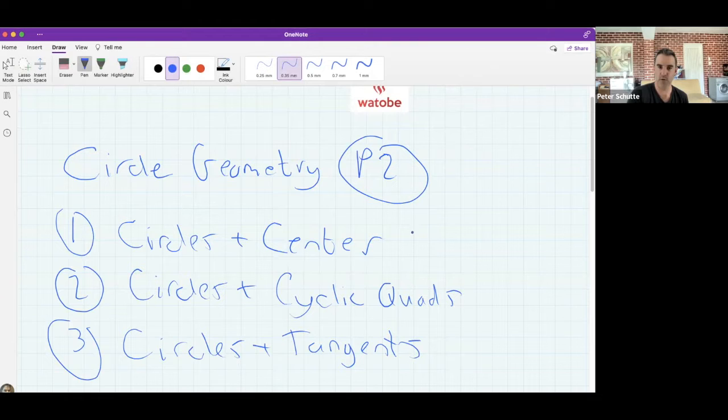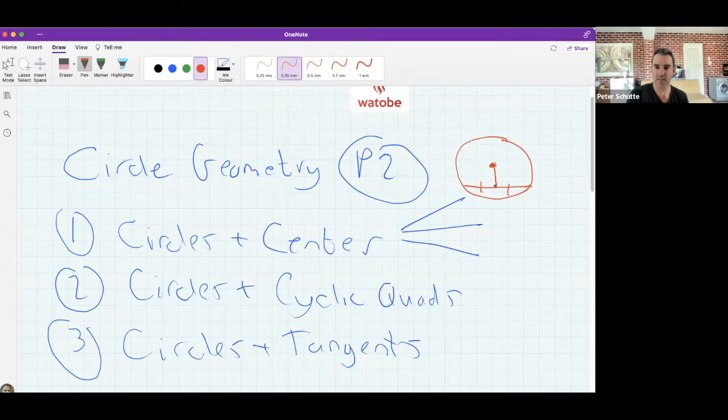So just to give you a little reminder, I'm not going to do all of them now, but one of the theorems that came up in the last lesson was: if you have a circle and the center, and you have a chord and the line from the center is to, let's say, the midpoint of the chord, what else do we then know?